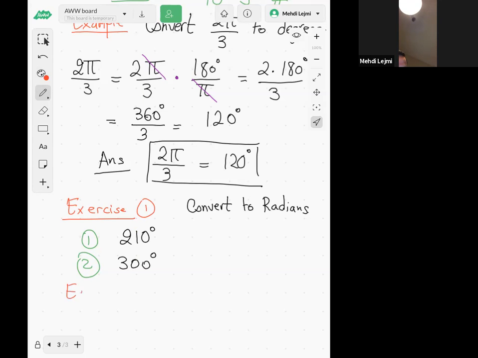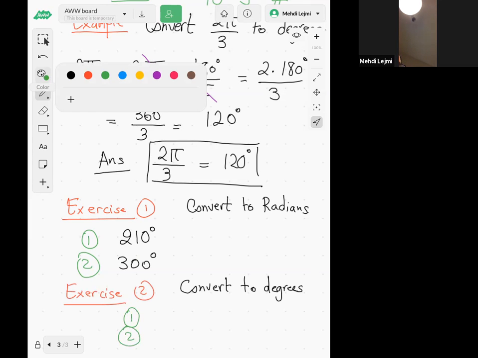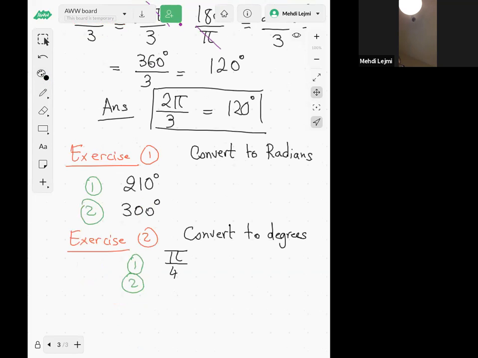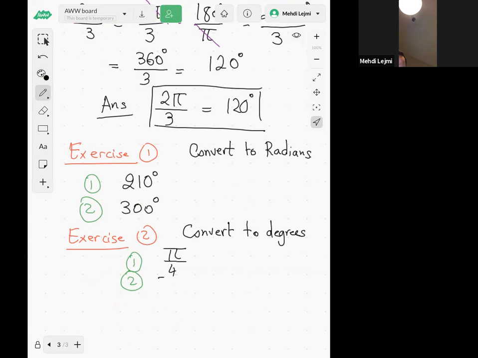And number two, convert to degrees: pi over 4, right? And 7 pi over 6. Right, guys?